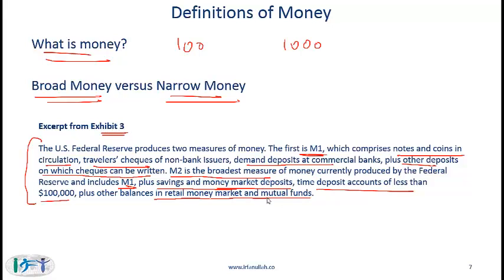The larger point to understand here is that M2 is a broader definition of money which includes M1 plus other deposits which are less liquid than the deposits which are covered under M1. Also note that credit card balances are not considered part of money.